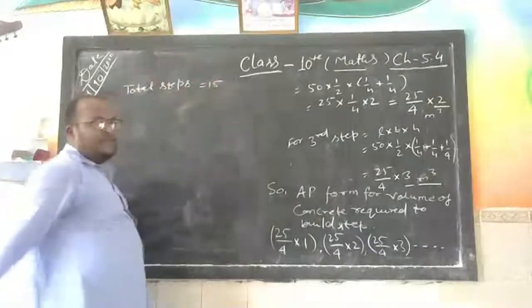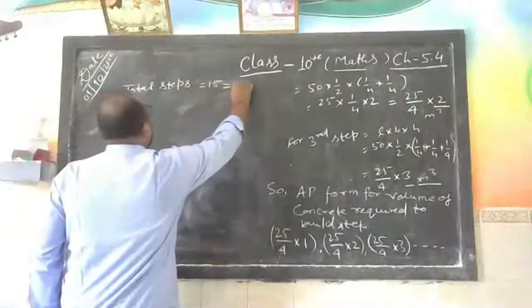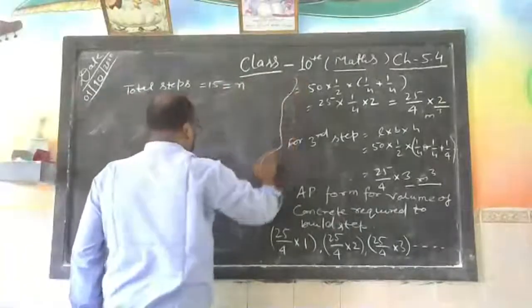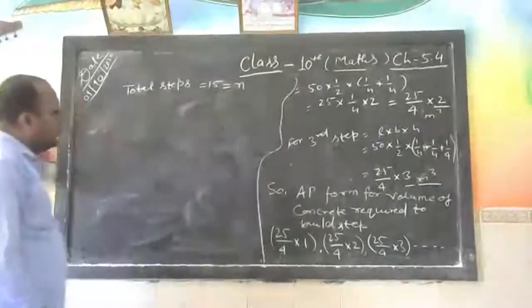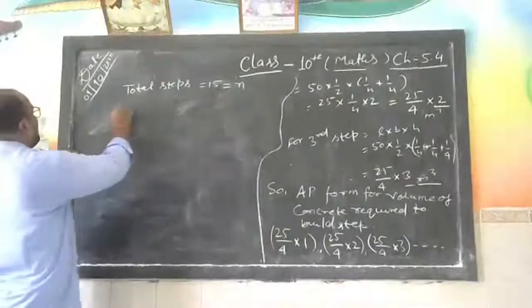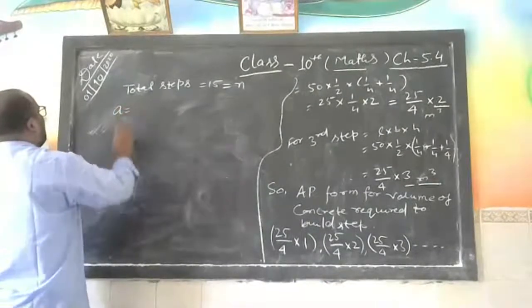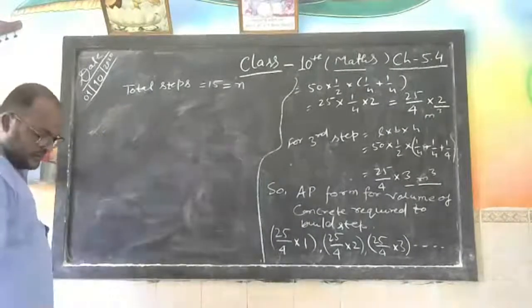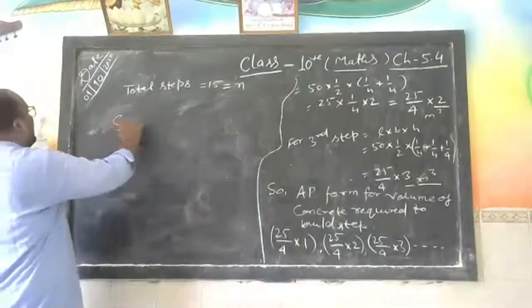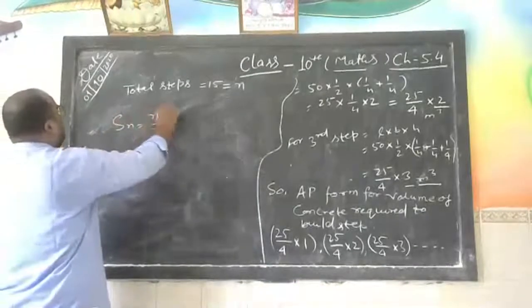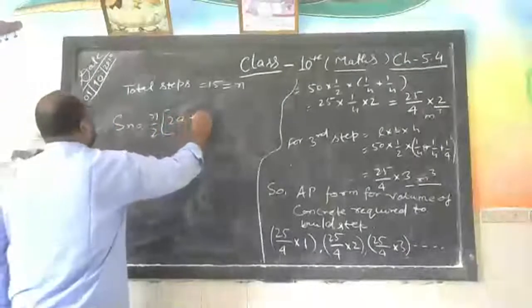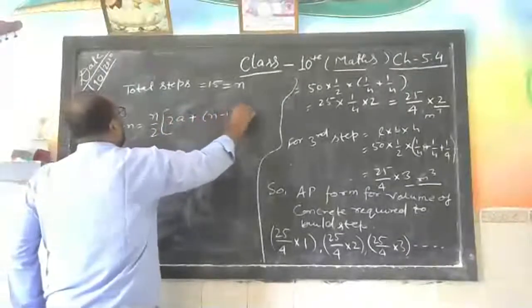It is already mentioned in the question. This is equal to n. Now, in this situation, Sn is equal to n by 2 into 2a plus n minus 1 into d.